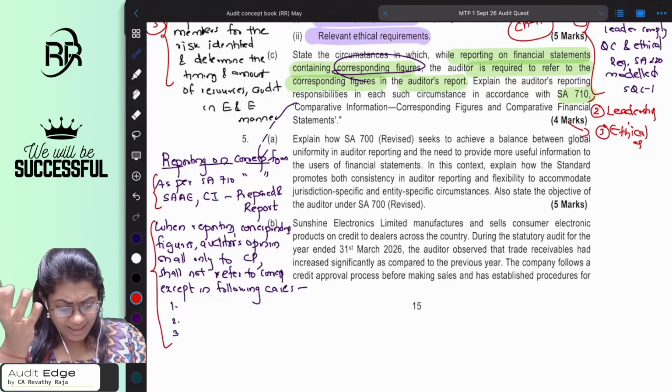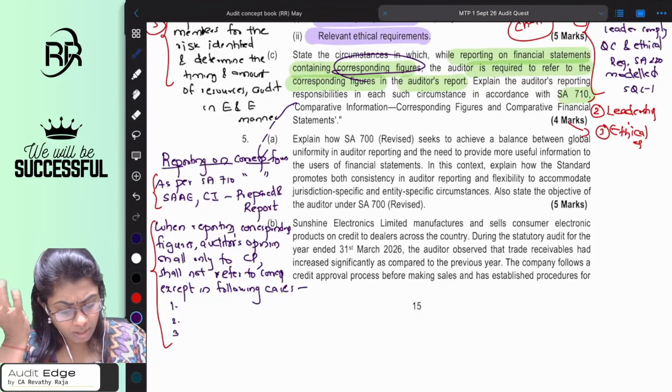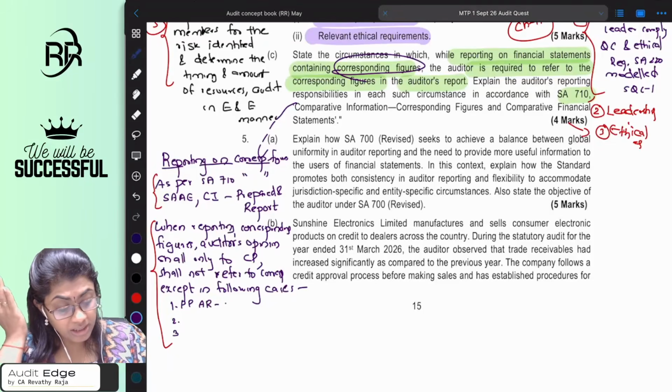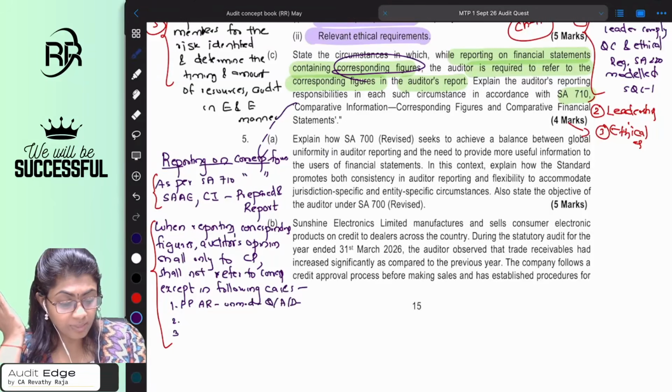So, I'll just say the direct answer. First, the prior period audit report contains other than unmodified, meaning qualified, adverse or disclaimer, and the issue is unresolved in the current year.